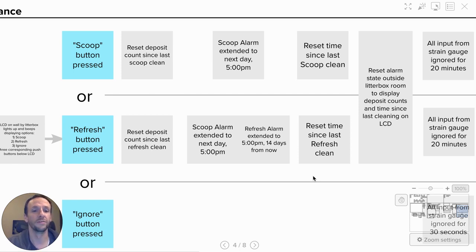When scooping or refreshing, we could extend the next scheduled alarm to be further out now that we know that it was scooped or refreshed. And we could reset the time since the last time it was scooped or refreshed. So extending the next alarm time, resetting the timer or the countdown that tells you how long it's been.